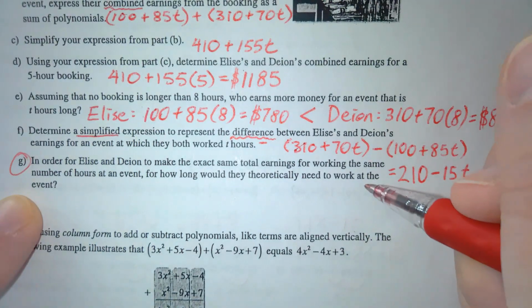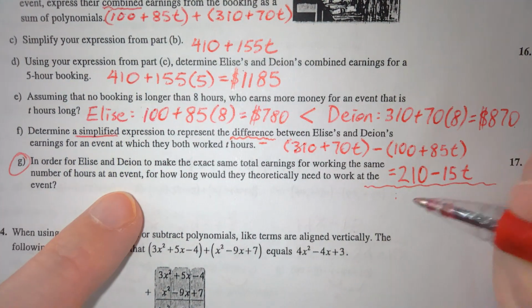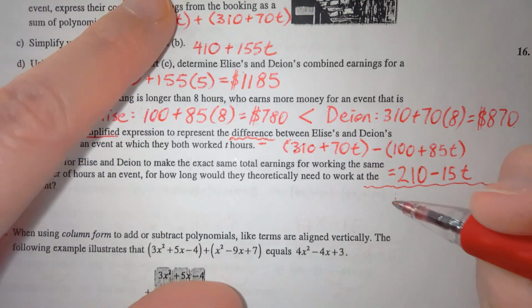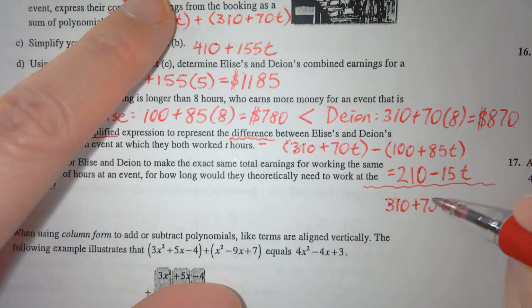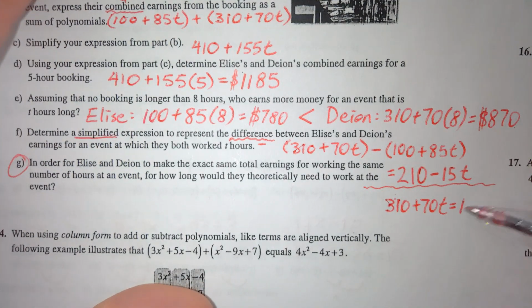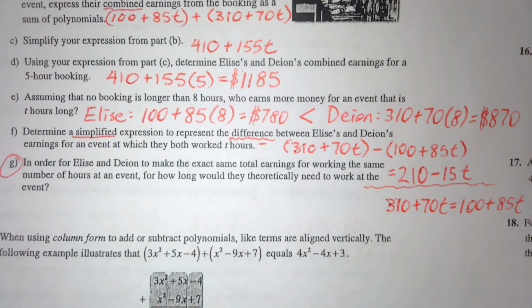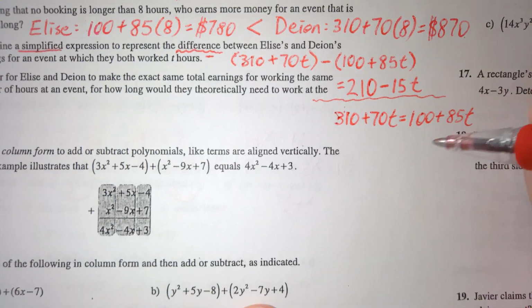But just as an FYI, if you were interested to look ahead, this question is 310 plus 70t equals 100 plus 85t. You want to figure out after how many hours both would equal each other, right?